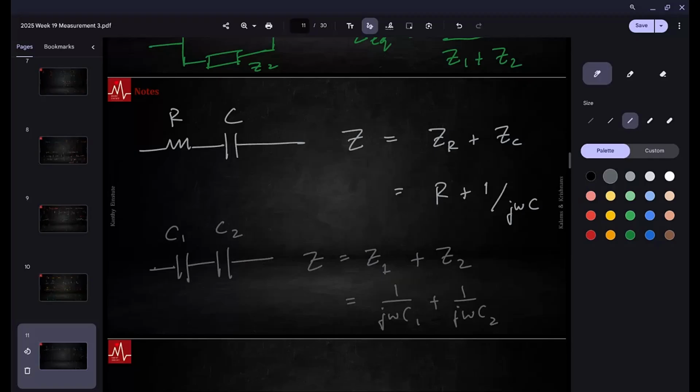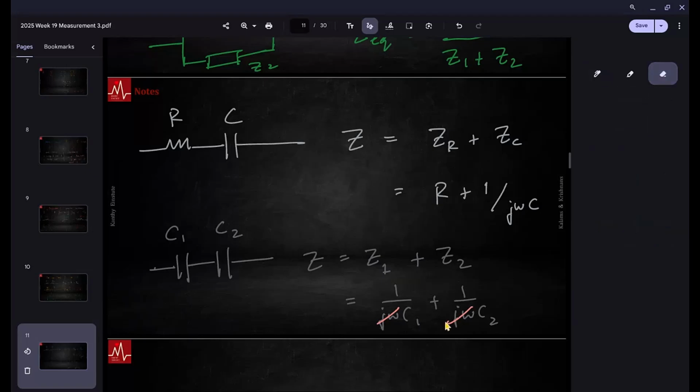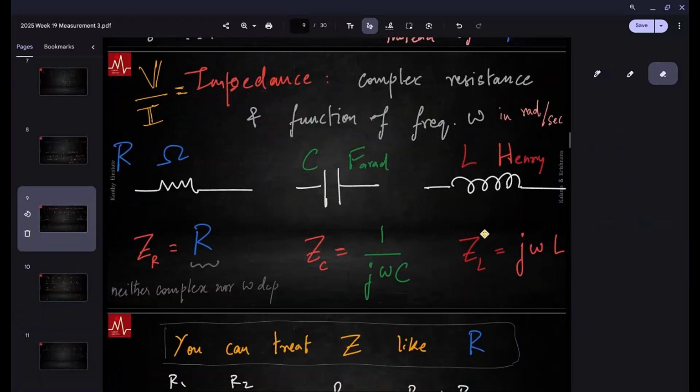If you pull out the j omega as common, you get 1 by C1 plus 1 by C2, the series capacitance form. The impedance for a capacitor automatically has the capacitance in the denominator. So the impedance form, the three impedances that we wrote, has that built-in feature.